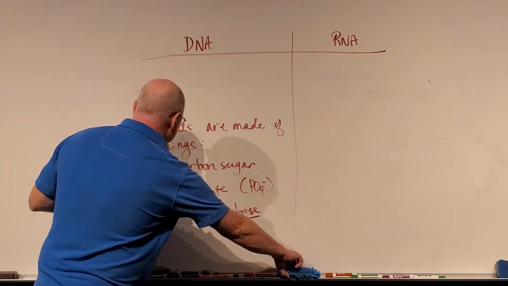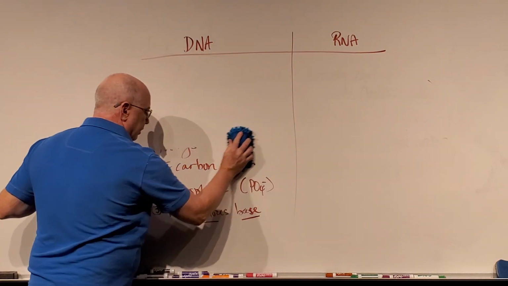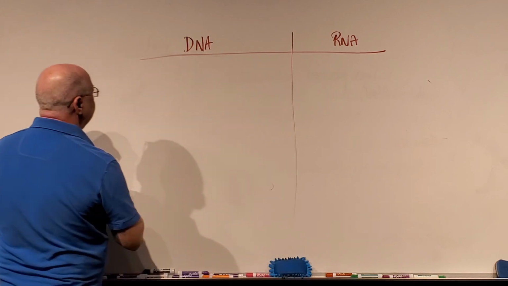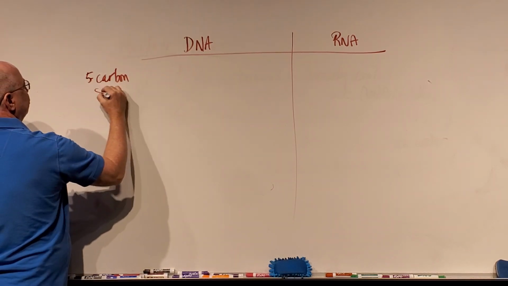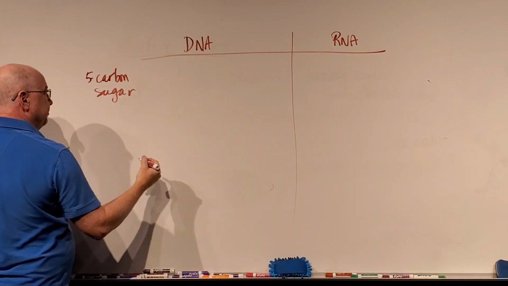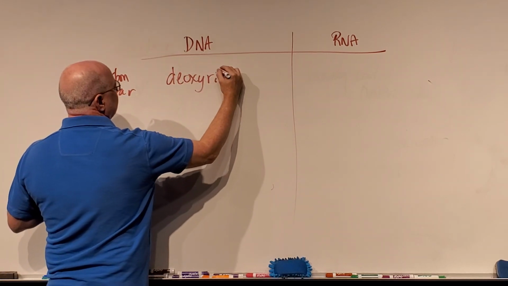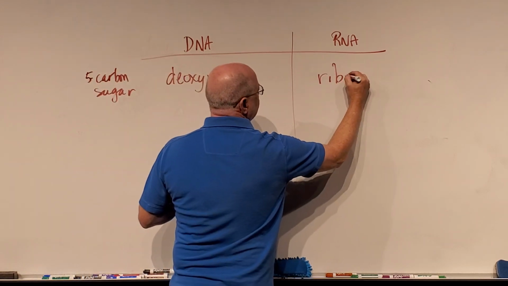So now, if I know that all nucleotides are made up of these three things, the difference between DNA and RNA is which of those are found here. So, when it comes to DNA, the 5-carbon sugar found in DNA is called deoxyribose. And in RNA, it's called ribose.